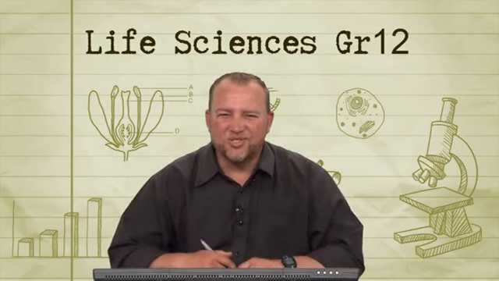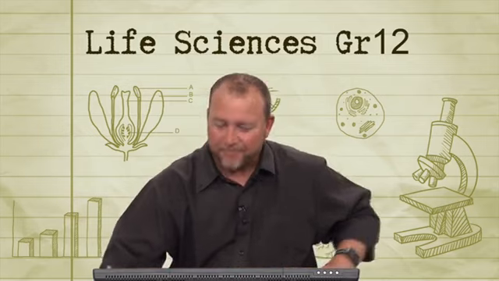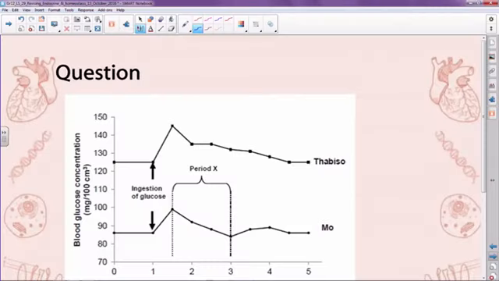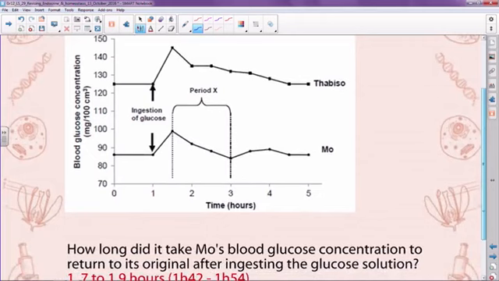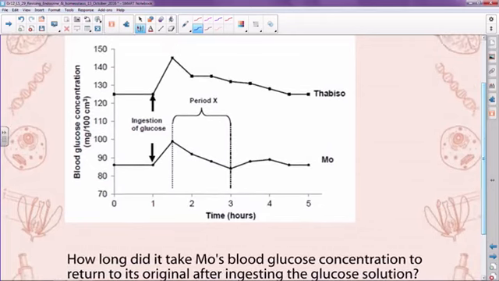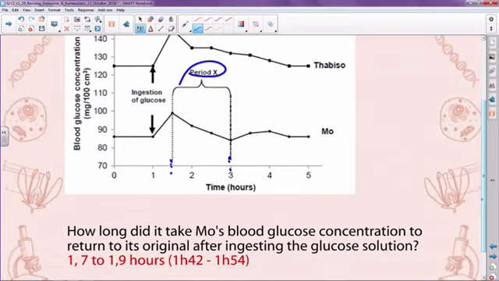I think I caught you. Okay, let's have a look at this. Now, we're looking at the period. How long it took for his glucose levels to get back to its original amount. And of course, that is period X. Okay, what's the original amount? The beginning is round about there, and this one is round about there. And if I work that out carefully, the distance from 3 to there is about 1.7, 1.9.